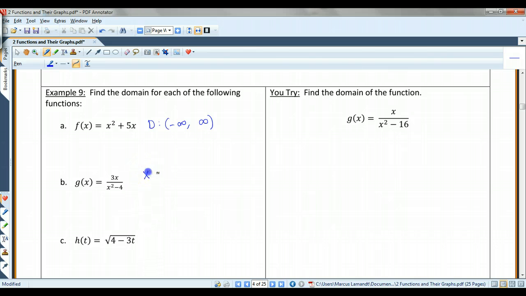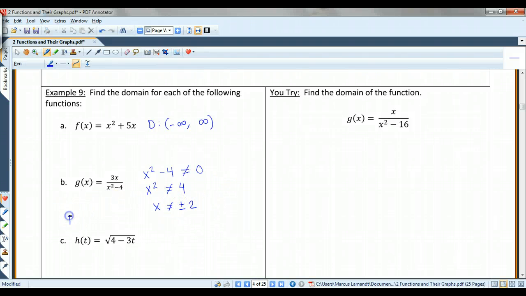So whatever x is, this cannot equal 0. So if I factor this, actually, I'll just add 4 to both sides. X squared cannot equal 4, so x cannot equal positive or negative 2.